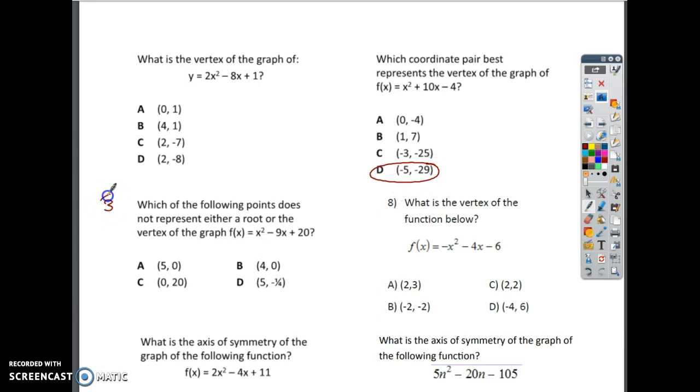Problem number 3. Which of the following points does not represent either a root or a vertex of the graph of f of x equals x squared minus 9x plus 20? So we're going to graph that, and we're looking for which one is not a root or a vertex. They gave us 4 answer choices. So let's go put that in the calculator.